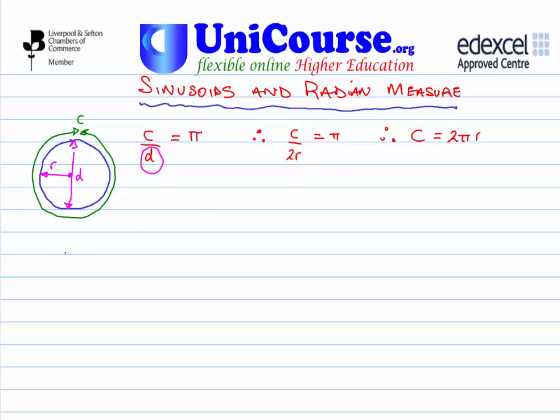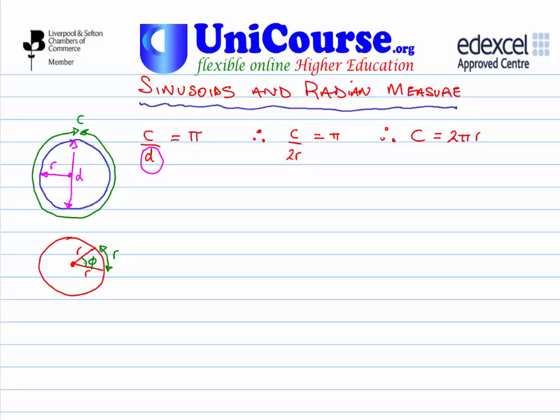Well, let's draw ourselves yet another circle. Okay, and in here we're going to draw a segment. Now this is a special segment because here's the radius, here's another bit of radius, here's the center. And it's special because this outer length of this segment, if we make it length r, then this angle phi here is known as a radian.